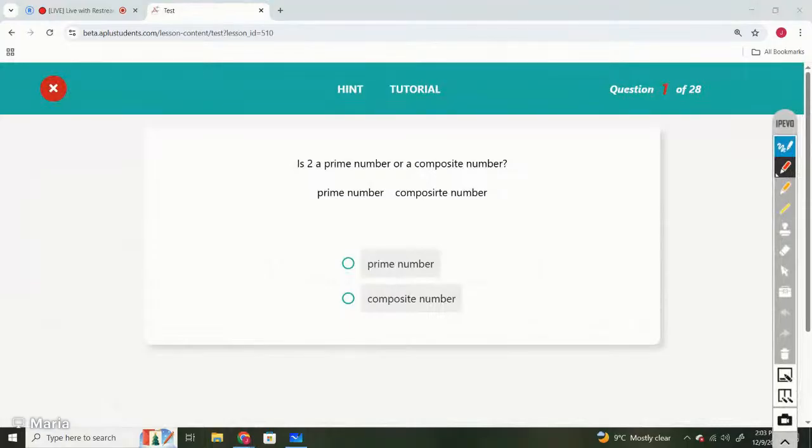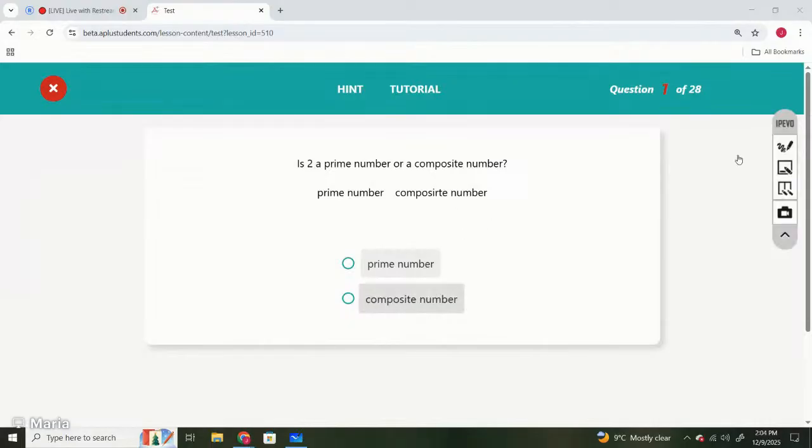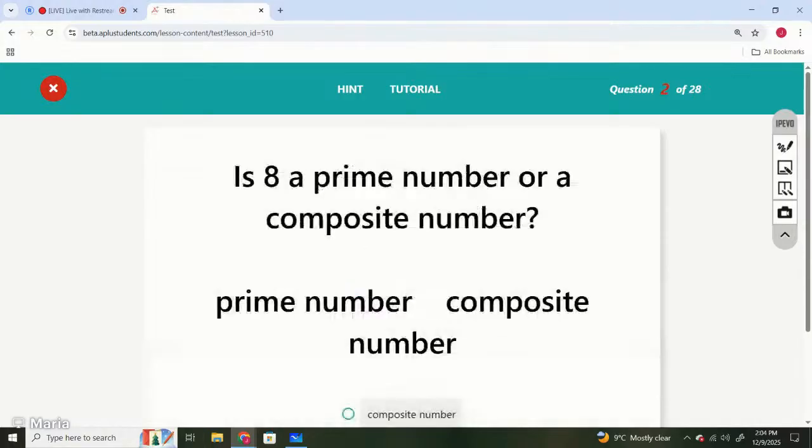We do not have any other numbers that when multiplied make 2, right? So only 1 and the number itself make 2, so that is a prime number. If the number has more than two factors, then that means it is a composite number. Is it a prime number or a composite number?